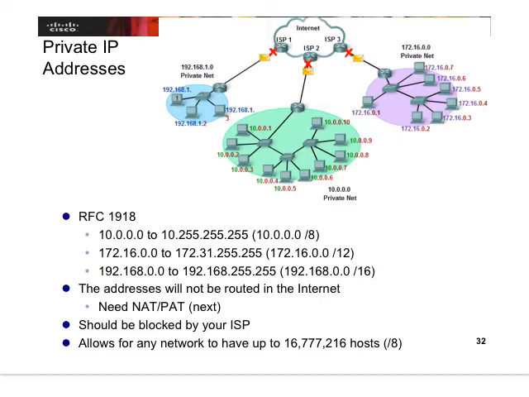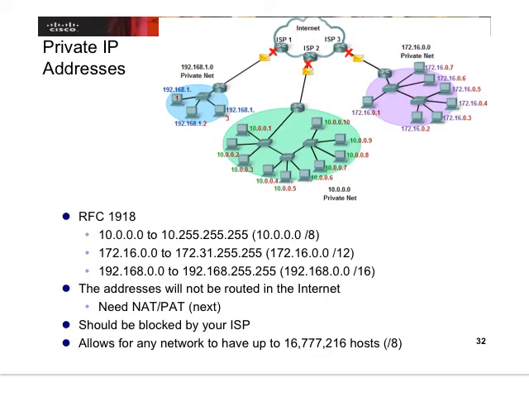Ideally, the IP address should be unique, so this host should not have the same IP address as this host. However, with the private IP address concept, because the IP address has local significance within the boundaries of these networks, once any packet goes out from this network, it should never have an IP address in this range.